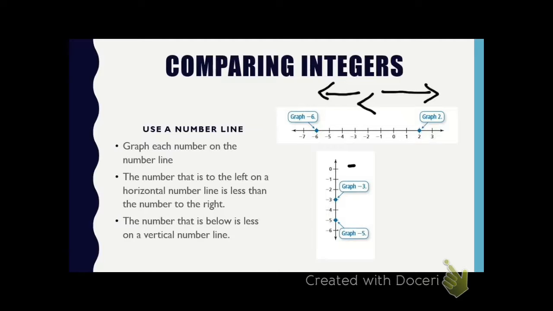So the further below 0 it is, the less value it is. So -5 is less than -3. The further up it is on the number line, the greater the value, even though they're both negative numbers. In this case, this person owes $5 to somebody. This person only owes 3. So they owe less money, so they have more money. I guess you could think of it that way.